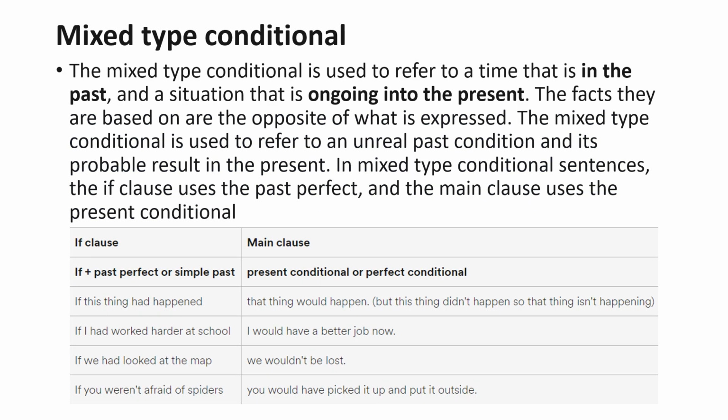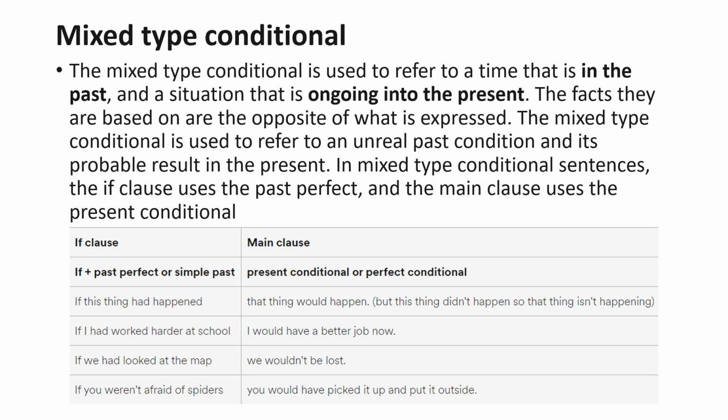In the mixed type of conditional sentences, you can see that the mixed type conditional is used to refer to a time that is in the past and a situation that is ongoing into the present. So the facts are based on the opposite of what is expressed. The mixed conditional is used to refer to an unreal past condition and its probable result in the present.